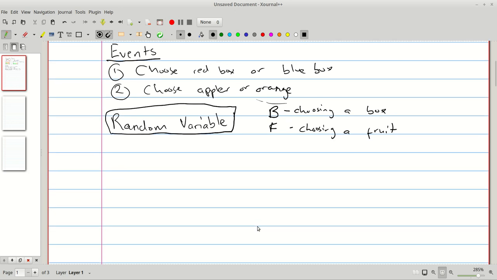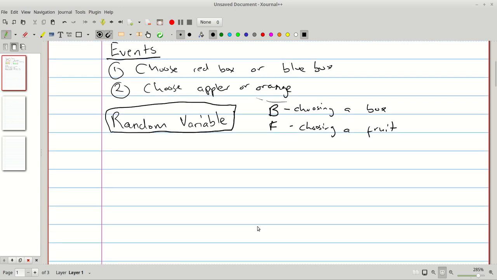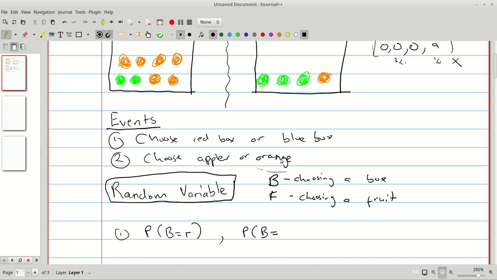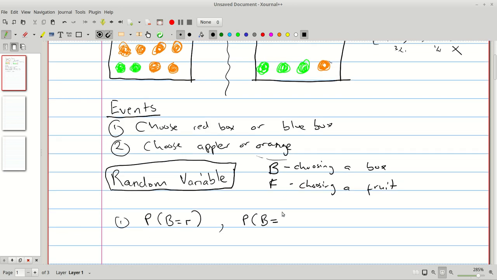So what are the possible values that the random variables might take? For event 1, there is a probability that b equals r, which is the probability of choosing the red box. And there's another probability that b equals b, the blue box. So we're either going to take the red box or the blue box.